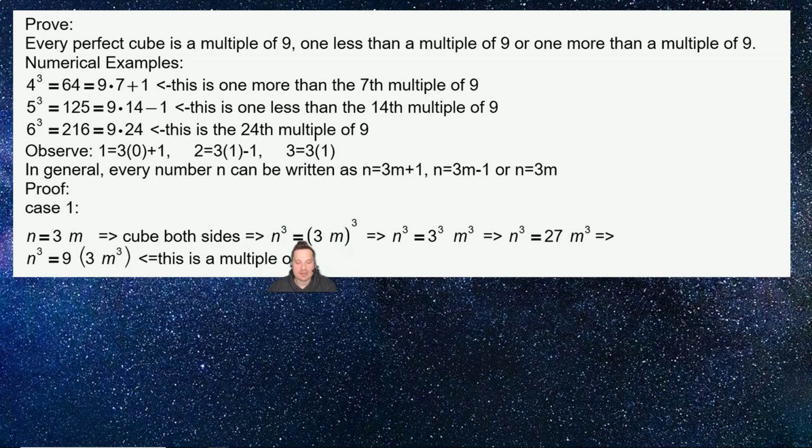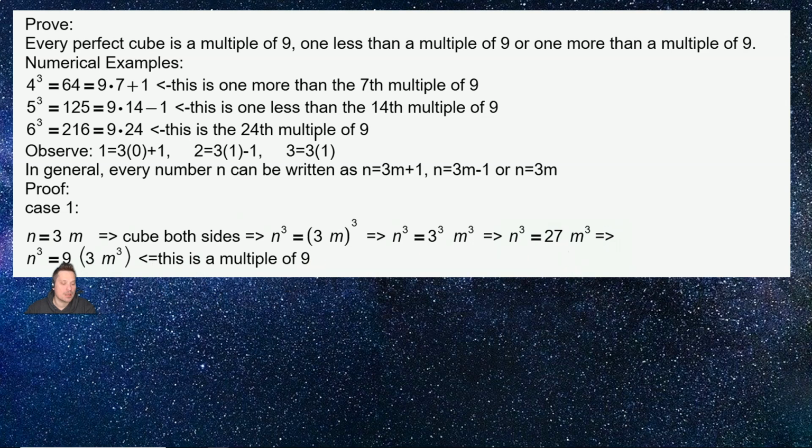Now on the left side, you're just going to have n cubed, but on the right side, that exponent 3 has to be distributed to the 3 and also to the m. So when I do that, n cubed equals 3 cubed times m cubed, but 3 cubed is just 27. So this becomes n cubed equals 27m cubed. But now we want to really see that this n cubed, which is a perfect cube, is a multiple of 9. 27 doesn't look like a multiple of 9 until I rewrite it.